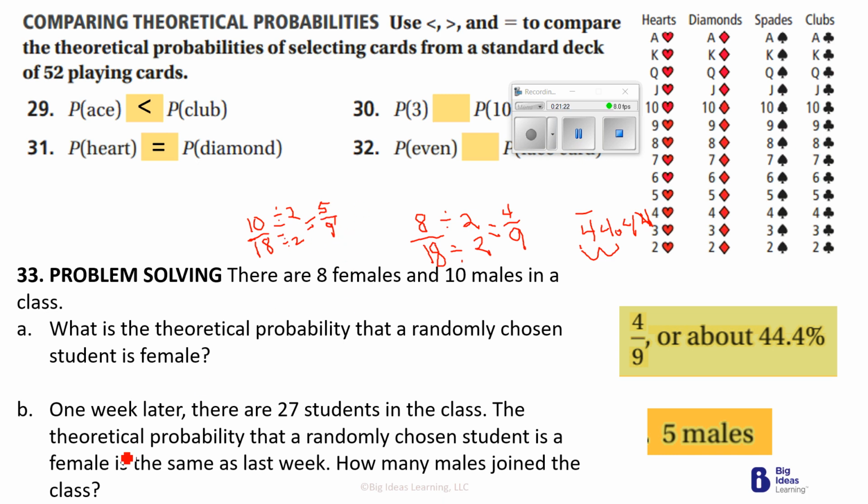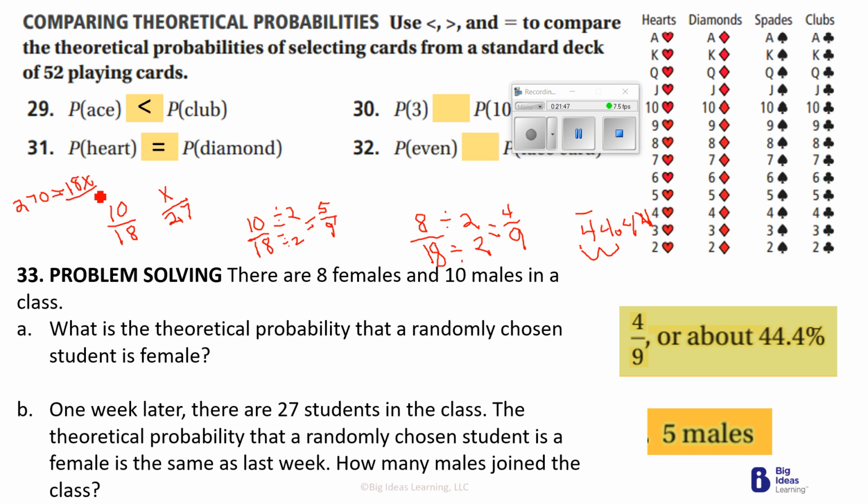The other way you could have done it is to cross multiply. You would have 10 over 18 for males. And since we have 27 kids now, we would look for X, the number of males. This would give me 10 times 27, and that's going to give me 270. That has to equal 18X.